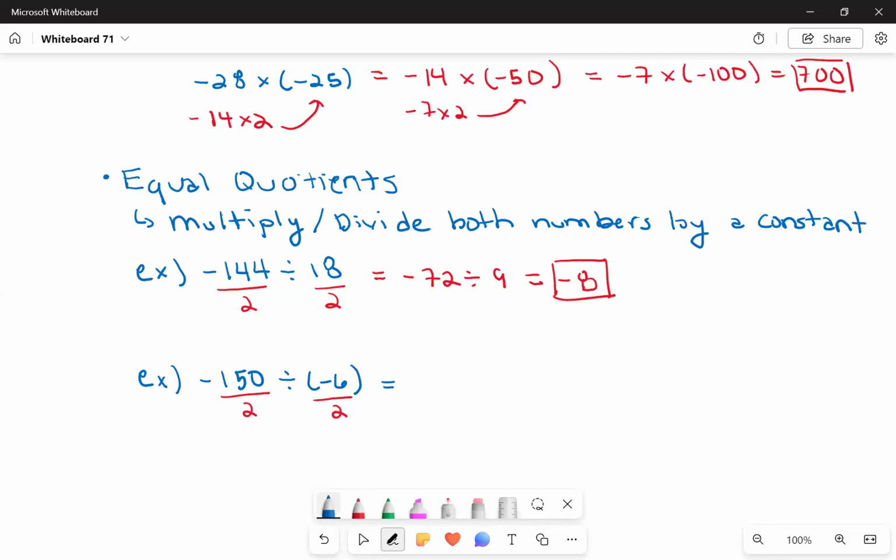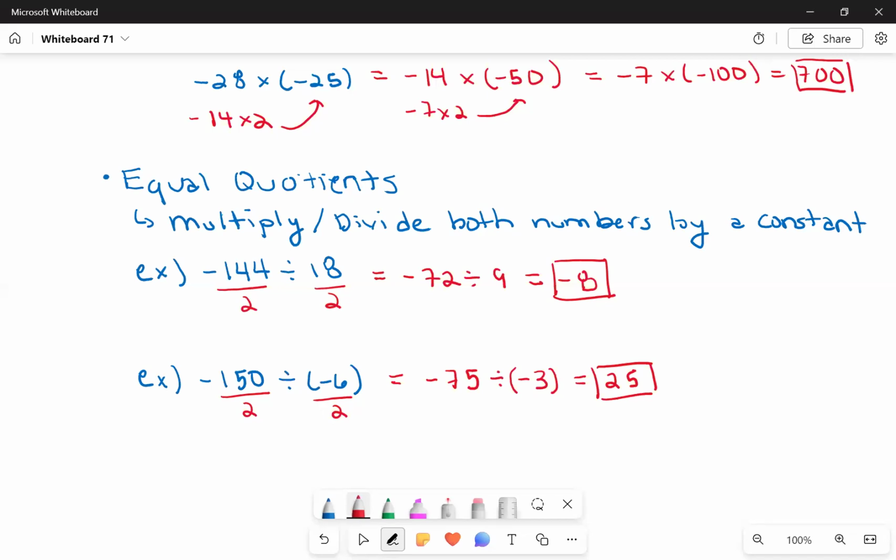Oops, I don't know why I switched to blue, but I really want to work with red. So 150 divided by 2 is negative 75. 6 divided by 2 is negative 3. And I think quarters, right? 75 cents divided by 3 comes out to 25. And there's that way of doing it.